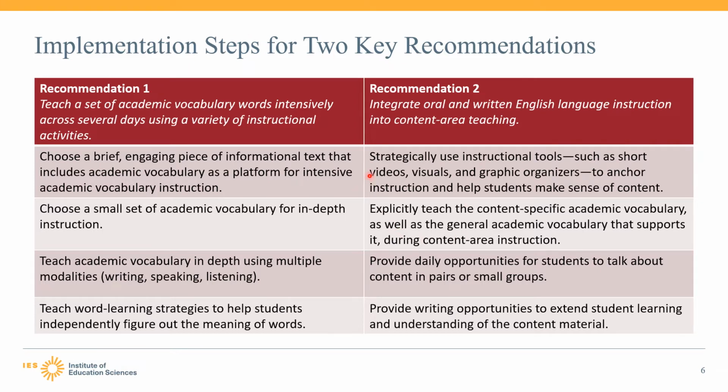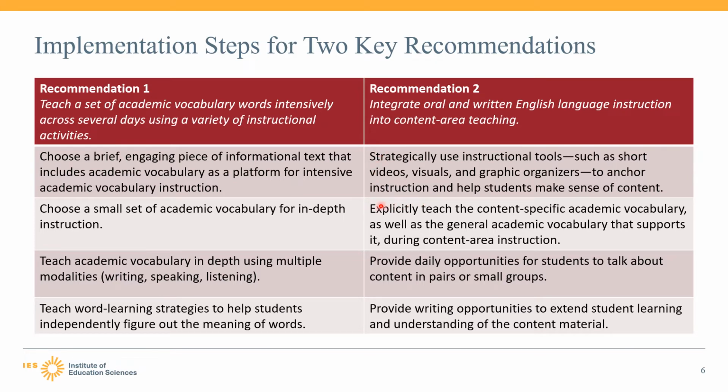The first implementation step for recommendation 2, which again is about integrating oral and written language instruction into content area teaching, talks about strategically using instructional tools like videos, visuals, and graphic organizers to anchor instruction and help students make sense of content.